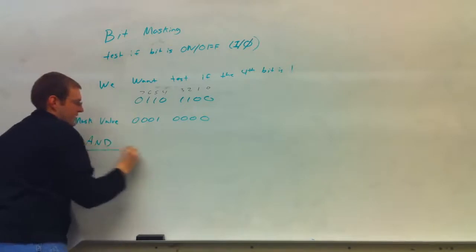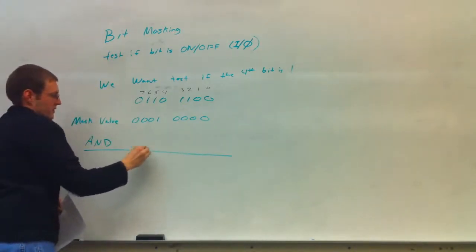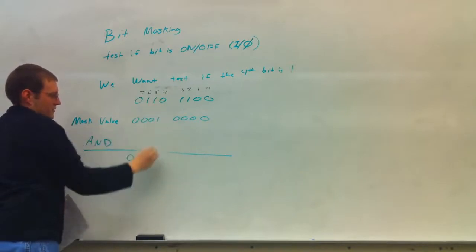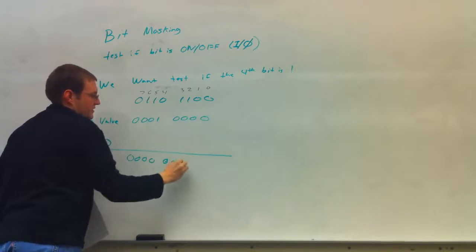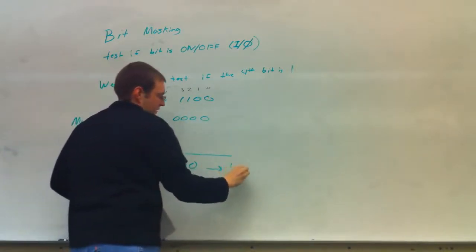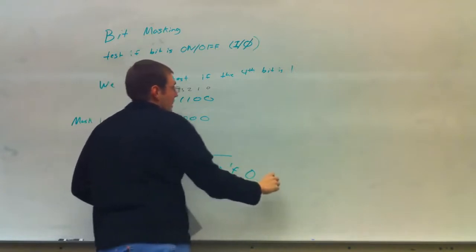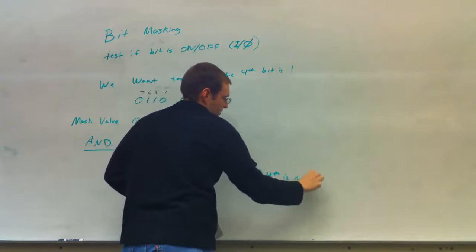So I'm going to AND those two together. So we get 0, 0, 0, 0, 0, 0, 0, 0. So if it's 0, the fourth bit is not 1.